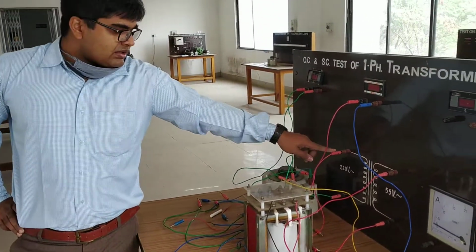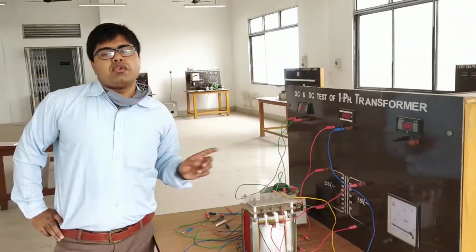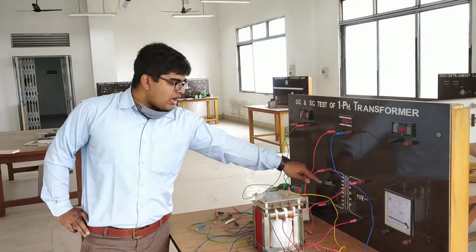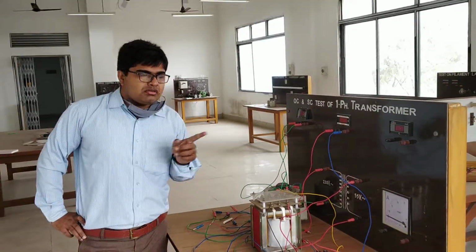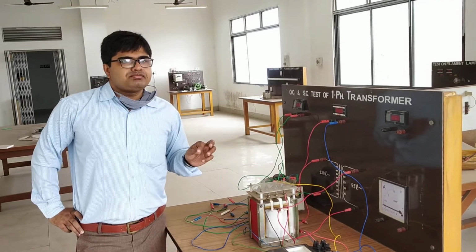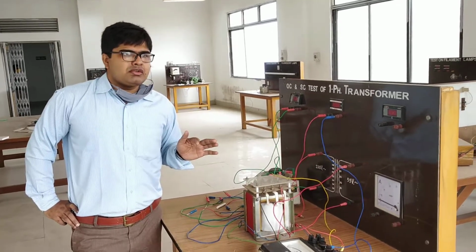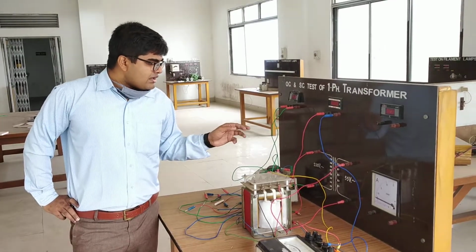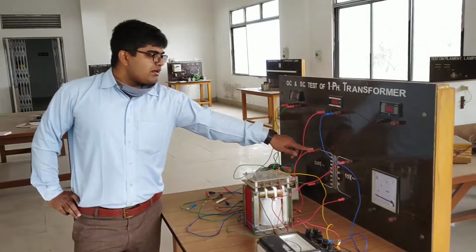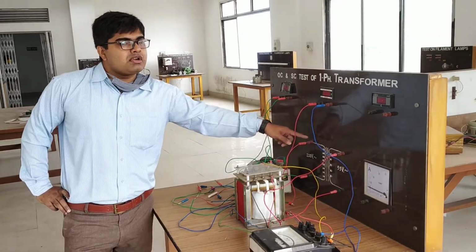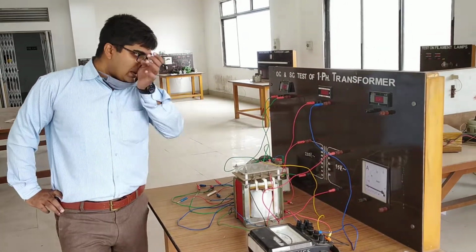Now what I was telling is that roughly 4.8 ampere is the rated current in the high voltage side, that is 1000 volt ampere by 220 volt, so it will be roughly 4.8 ampere. So we must circulate 4.8 ampere current through the high voltage side of the single phase transformer.